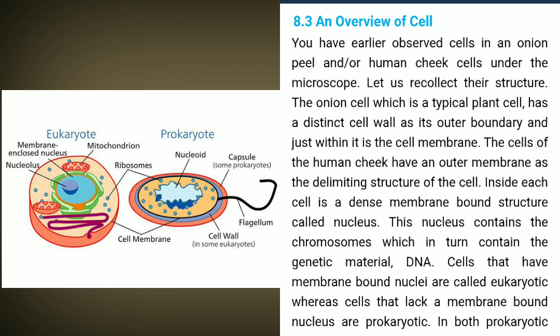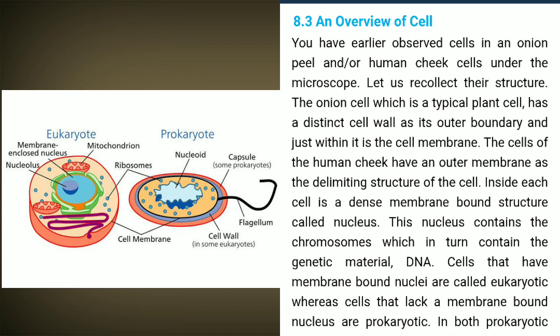If we separate these two words, eu means true, and karyotic comes from the other name of the nucleus, which is karyon. When this true nucleus, a membrane-bound structure, is present, it is called a eukaryotic cell. The nucleus bears the genetic material, which is called DNA.